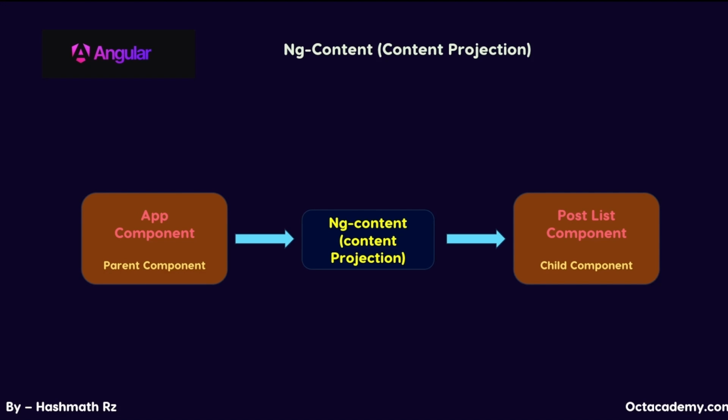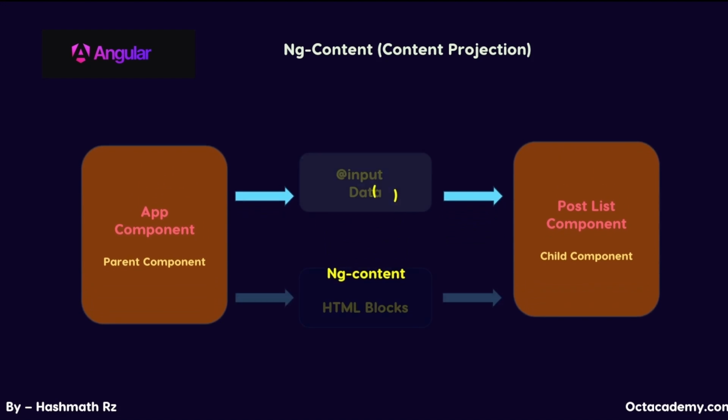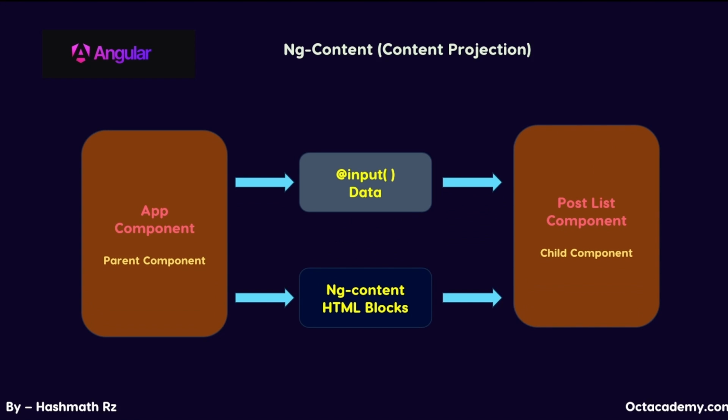Wait, let's break it down a bit more. You already know how we have been passing data to child components using the input decorator, right? The ng-content is also similar to that, but with this, we can send an entire block of HTML and place it exactly where we want in the child component view. So let's see this in action.